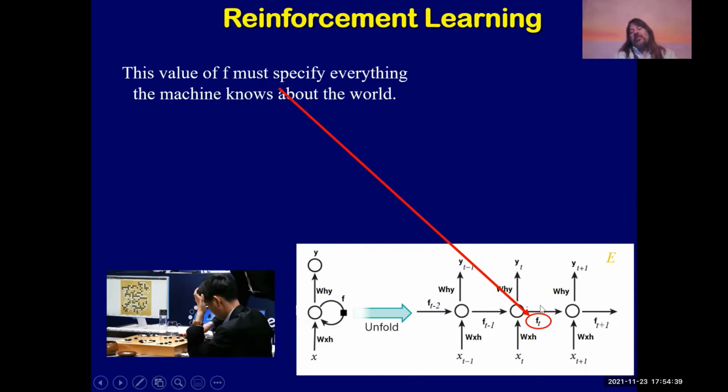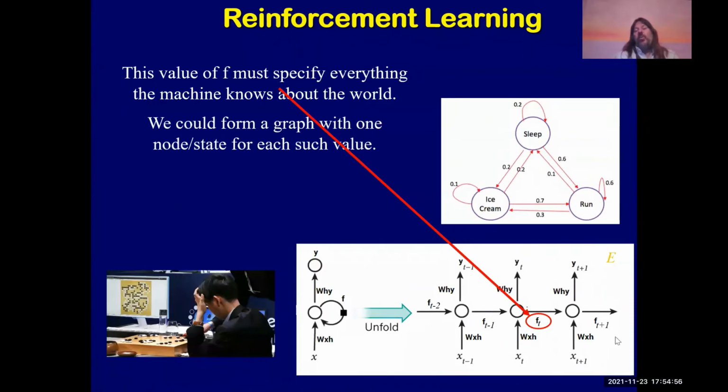So now, if people are ready to go on, this F is stating what do I remember about the world, right? It's where are all the pieces on the board? It somehow is telling me my current state. And so we're going to form a graph just like we did with the Markov chains, and each value of F will be a different state.